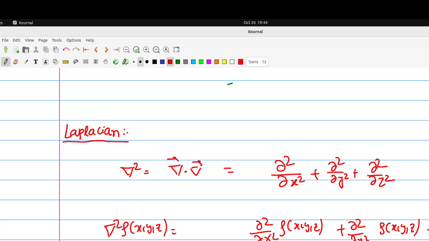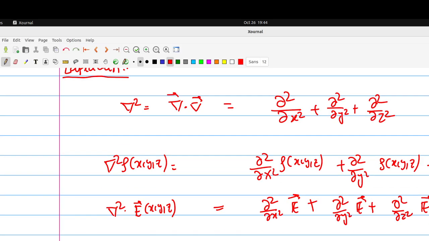The meaning is slightly complicated at this point. I don't want to tell. You'll understand it later. So far, I'll stop for some time at this point. We'll continue further.